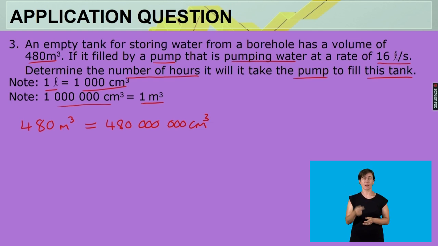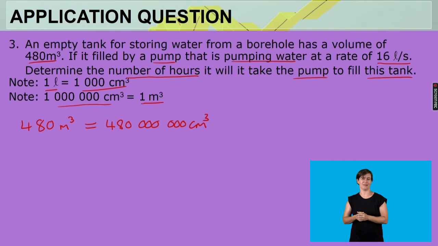Why did I do that? Because remember, I must go from a solid state, the cubic meters, to a liquid state, which is liters. And there's no direct conversion between them. But now I can go from here to there and then to liters. You see what I'm trying to do here?